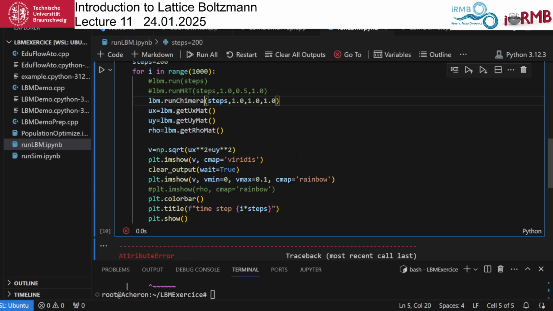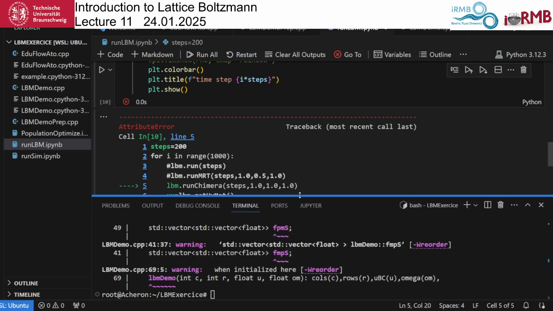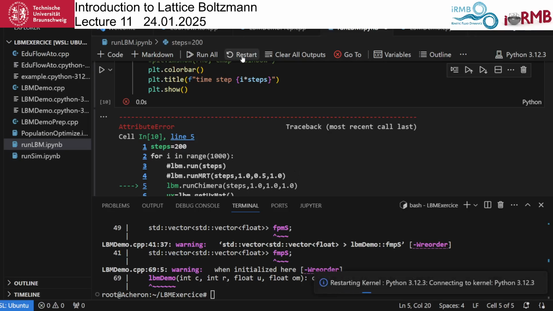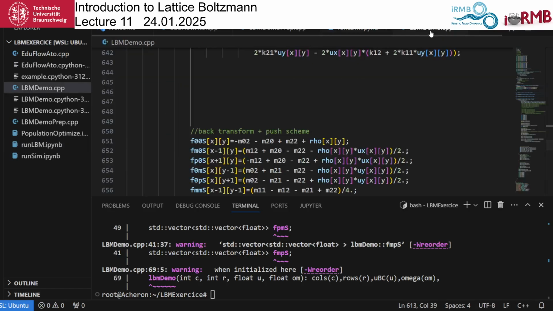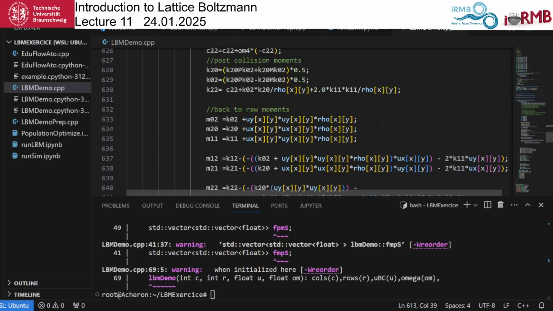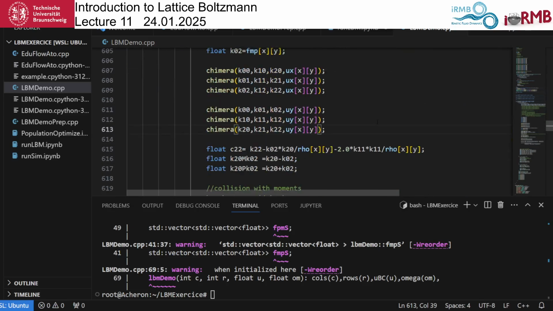I have no idea what we did. And we get, wait, was there a problem? I think we restarted the kernel. At least I pressed this button. Let me see again. No, what is the error? Object has no run Chimera. So, okay, we have to figure out why we have no run Chimera. So we have here run Chimera.